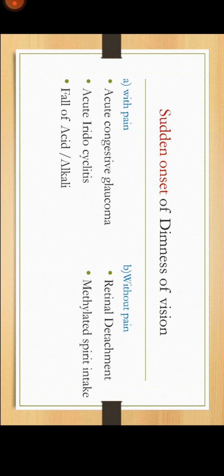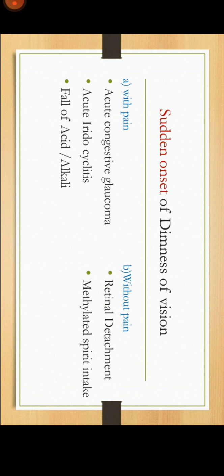So we have to drain that fluid and fix the retina to its previous position. That is a surgical procedure. It may come to our OP, and we should refer immediately. This is sudden onset of dimness of vision without pain, an emergency condition.